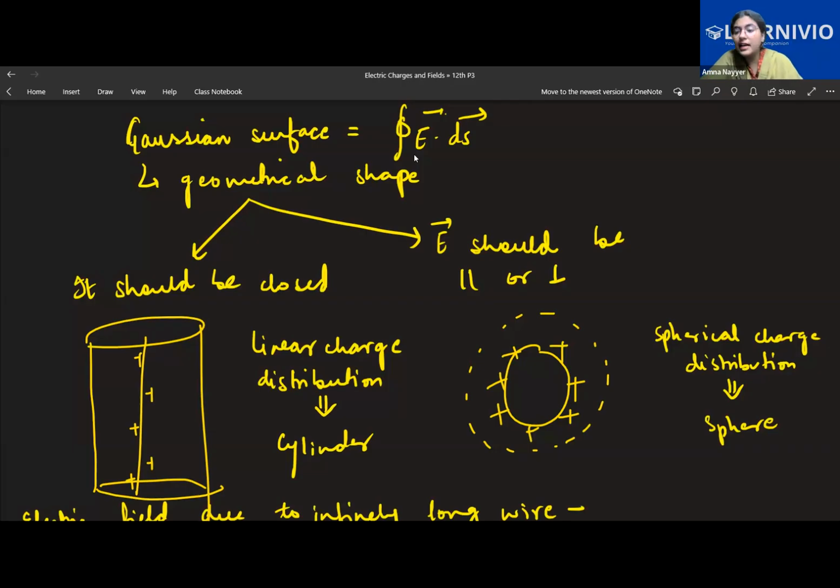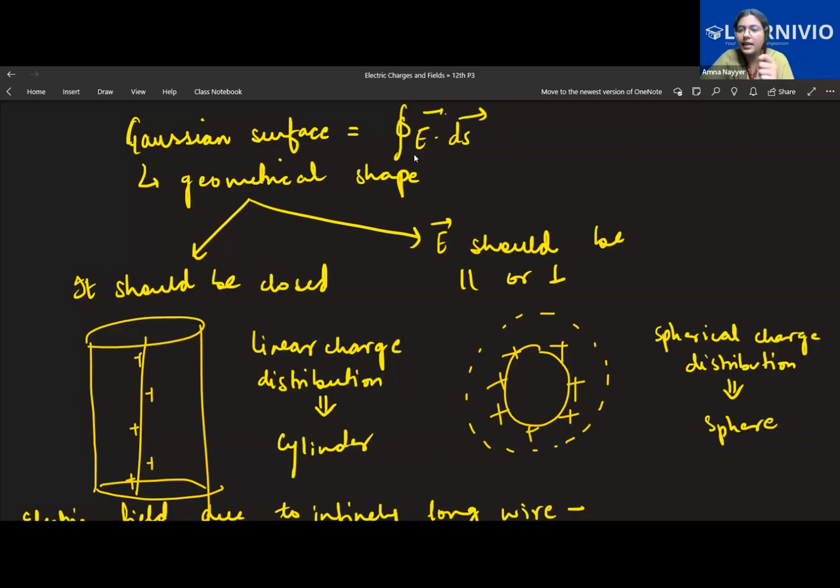We discussed in the last class that Gauss law says the total flux is given by 1 by epsilon naught times the charge that is enclosed within the surface. If the condition is violated, your law is inapplicable. So you'll have to enclose it first for the application to be executed.